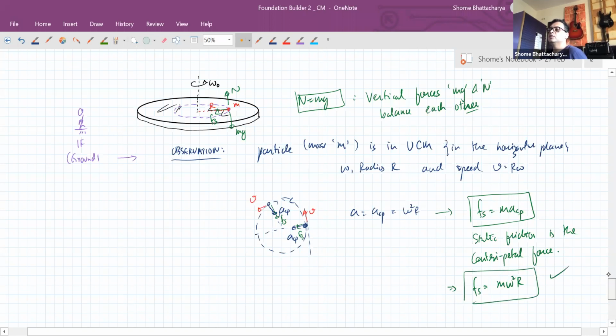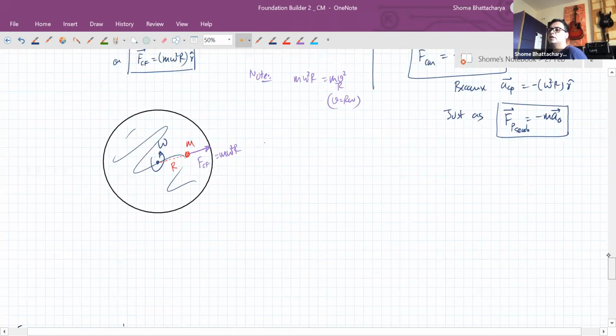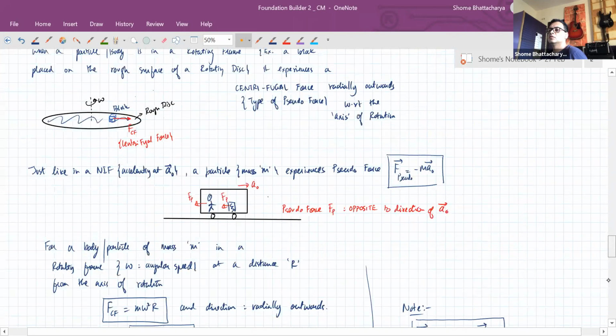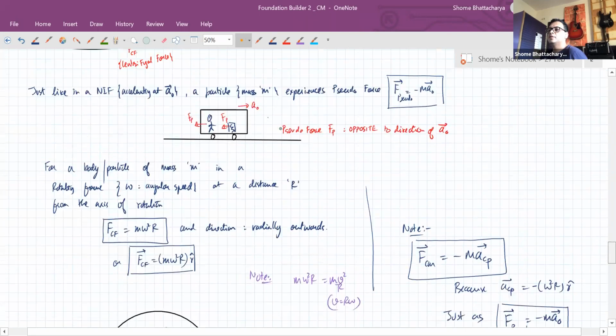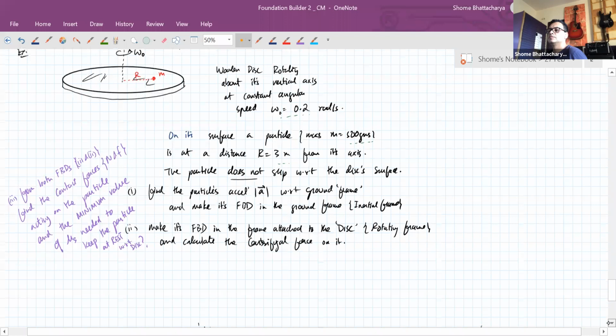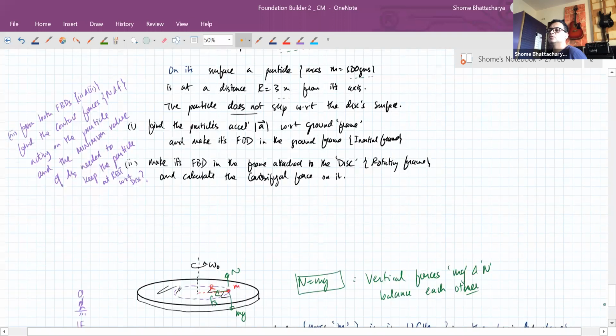So now from the values we've written above, we can find out how much these contact forces are. The angular speed was 0.2 radians per second. Mass of the particle is 500 grams and the radius r is 3 meters.